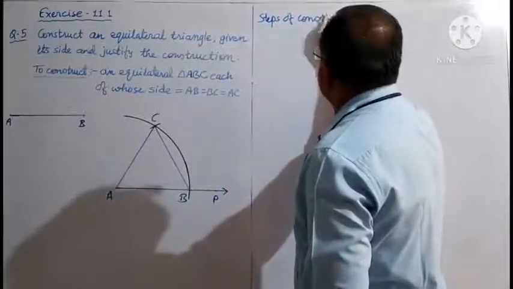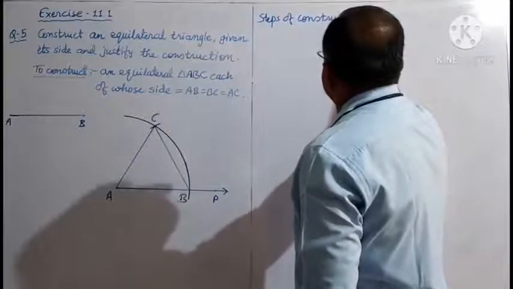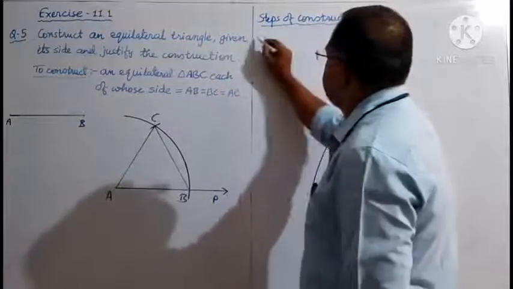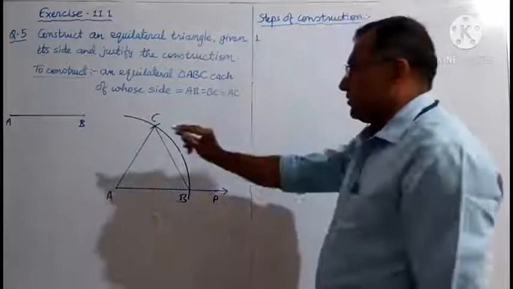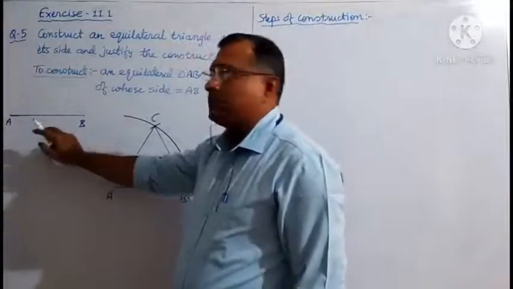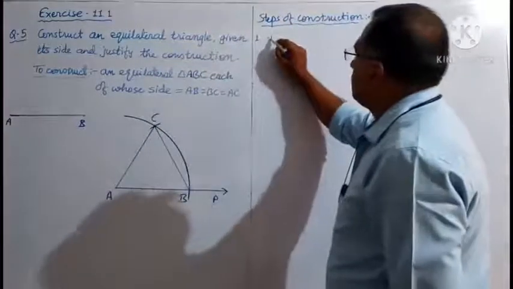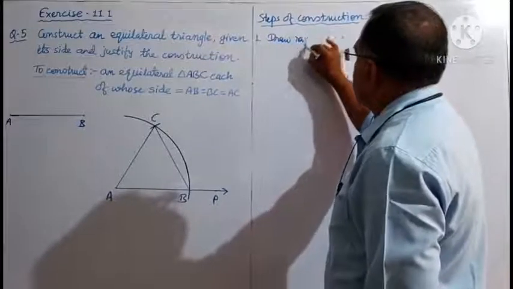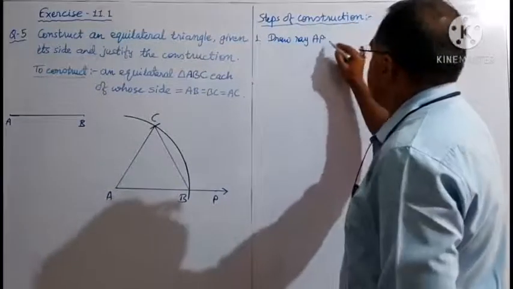Steps of construction. First of all, AB is given of a particular measurement. Draw ray AP.